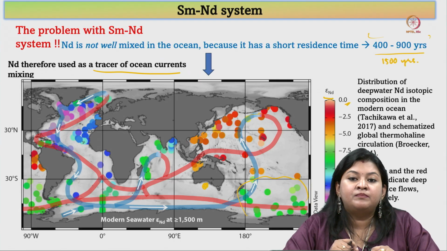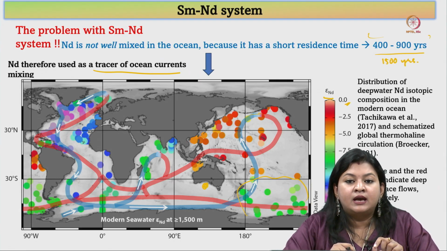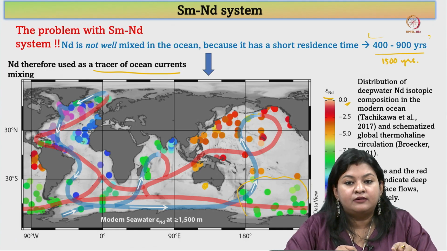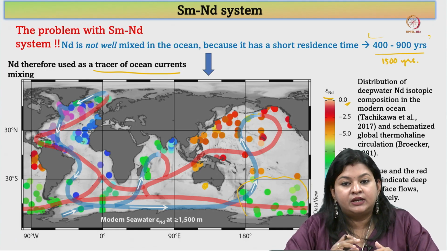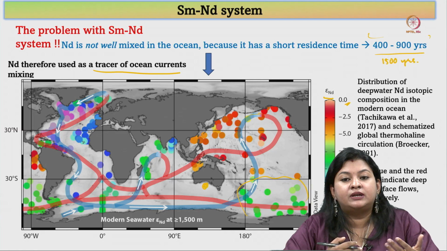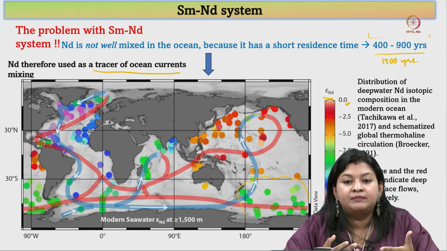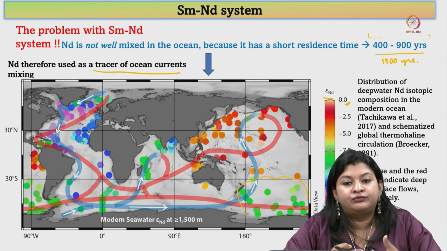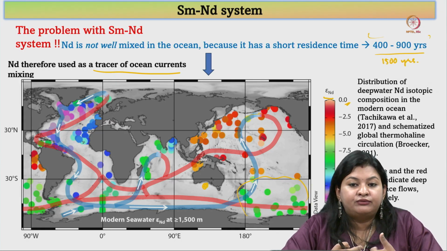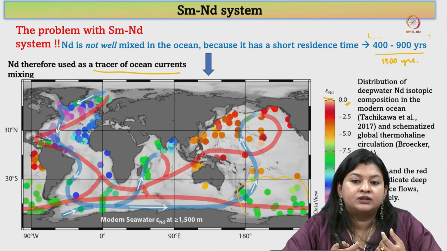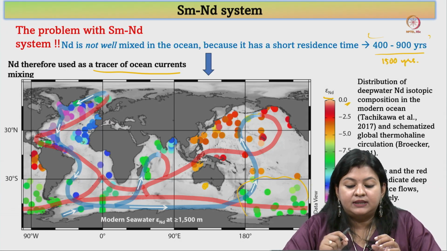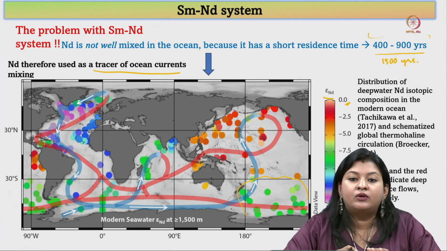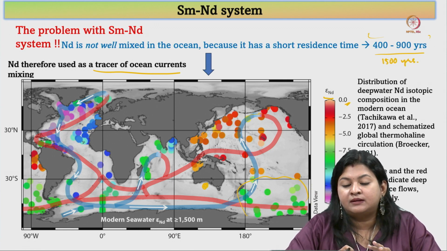They show us how mixing is happening, because radiogenic signatures can change only when, first, there is radioactive decay causing that increment, or second, there is mixing between two different sources with different radiogenic signatures. Here we are talking about water masses that are mixing.